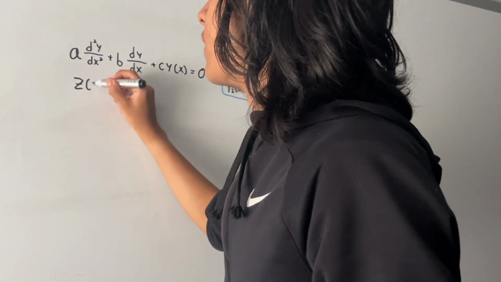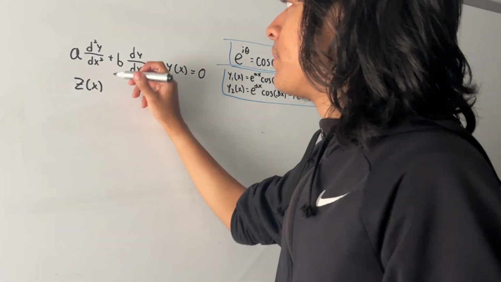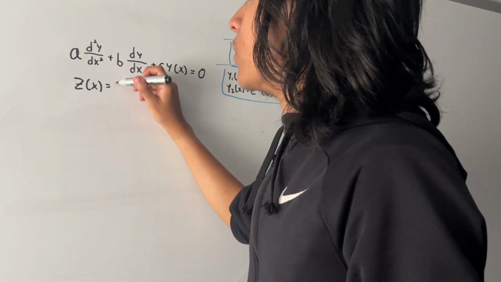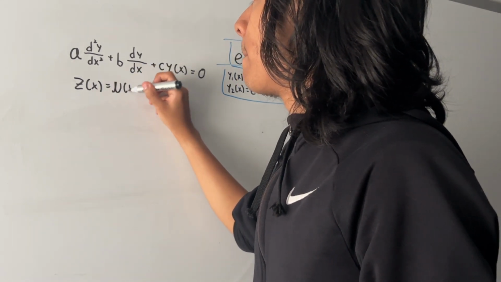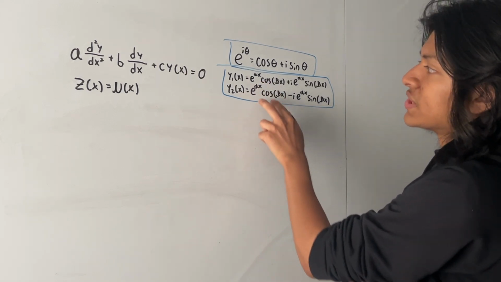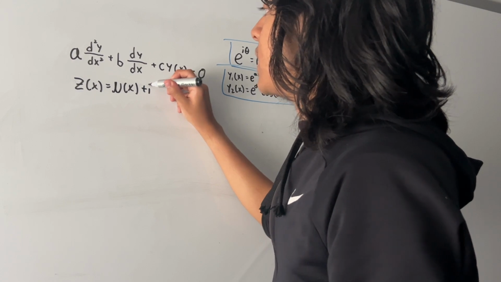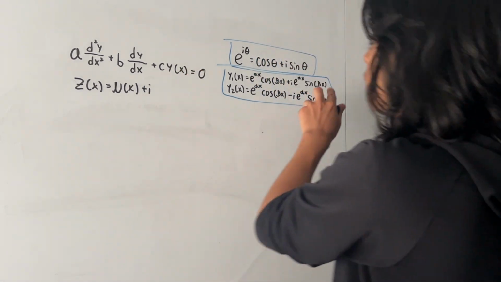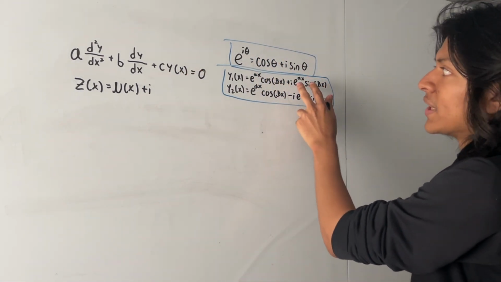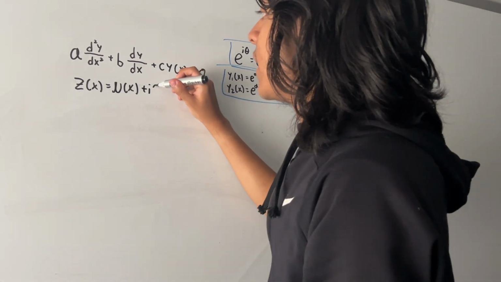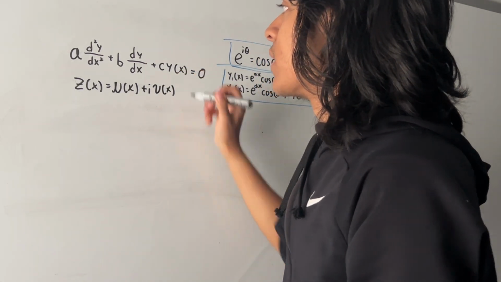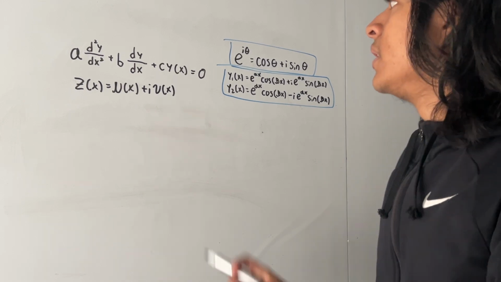So z of x, this is a new function, and that's gonna be equal to u of x, which is this part right here, a real function of x, plus i. Then for this other real part right next to the imaginary unit i, we're gonna have another real function of x, and we're gonna call that v.